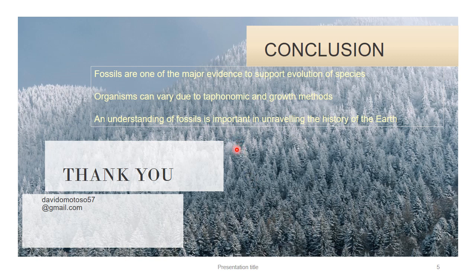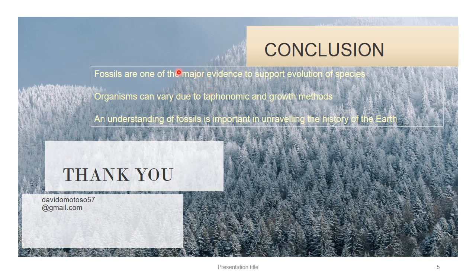So as we bring this lesson to a close, let's look at the major things we've considered. We first of all established the fact that fossils are the major evidence to support evolution, because Charles Darwin in his work noticed that the fossils they saw in rocks, even of the same species, tend to change from one form to another.